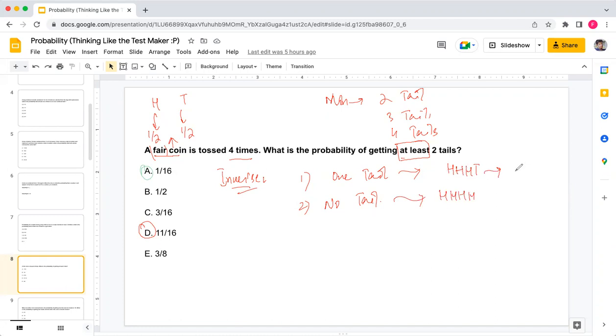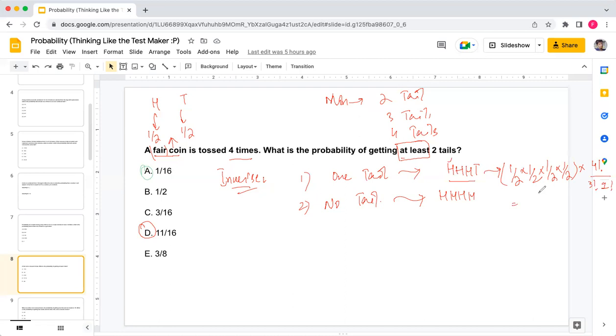What is the probability of head? 1 by 2, next head 1 by 2, next head 1 by 2, and the tail 1 by 2. Now we need to arrange this. If you remember the Mississippi rule, this can be arranged in 4 factorial ways, and we divide by 3 factorial because there are 3 identical heads, 3 factorial and 1 factorial.